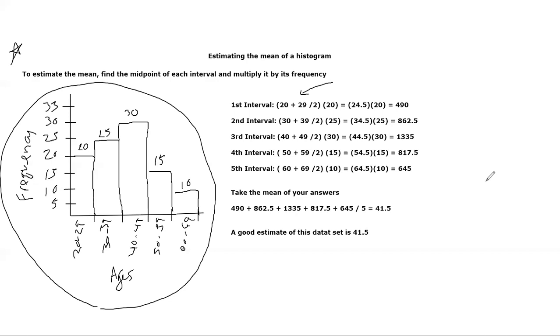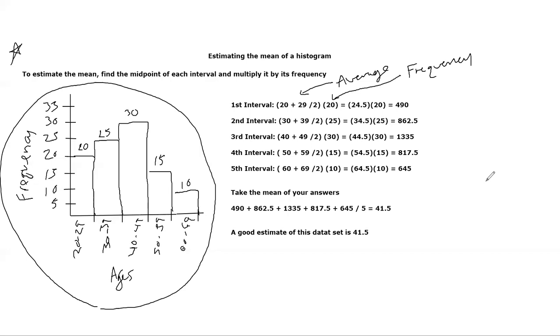What I did, you're basically just taking the average, and this is your frequency. Don't get caught up with the word midpoint. That's just a textbook definition of it. Really what it's trying to say is the mean of the interval.